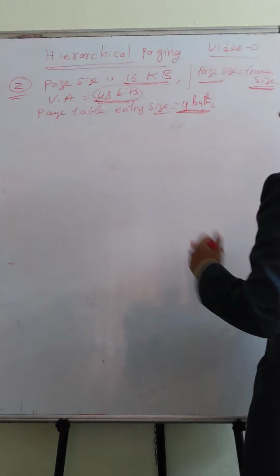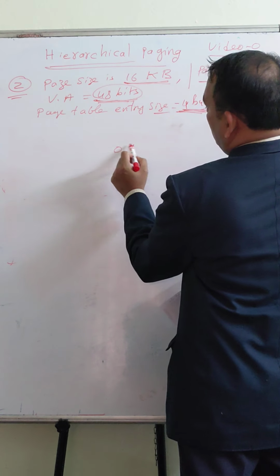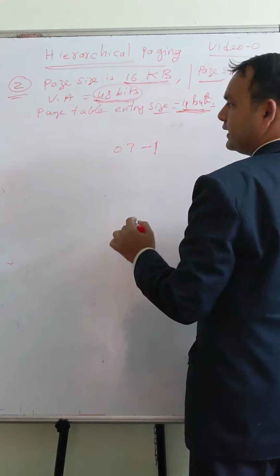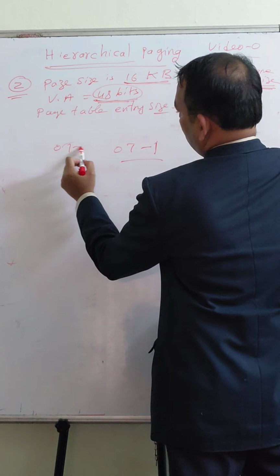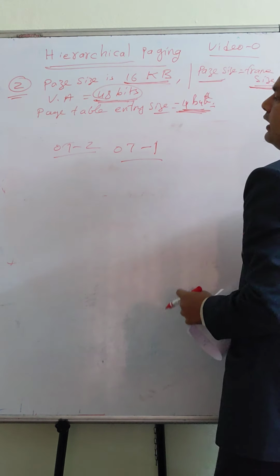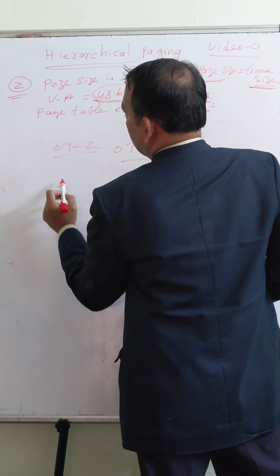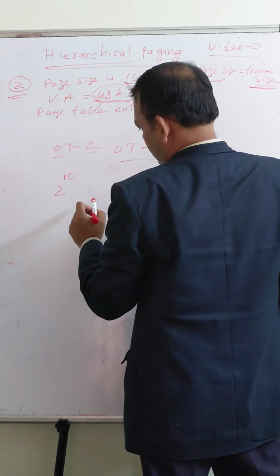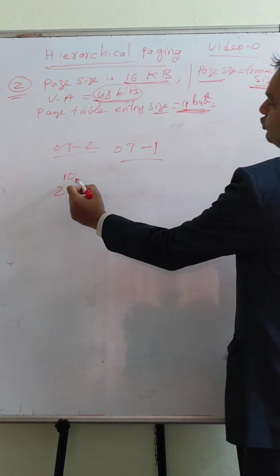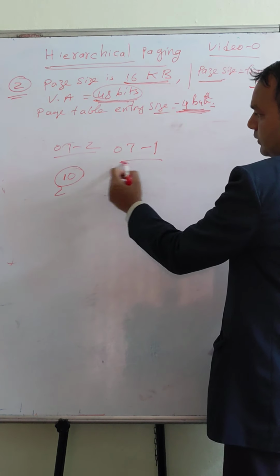Now the outer page table size 2. OT1 we created, and OT2 we have now created. OT2 has 2^10 entries. These 2^10 entries are of what?